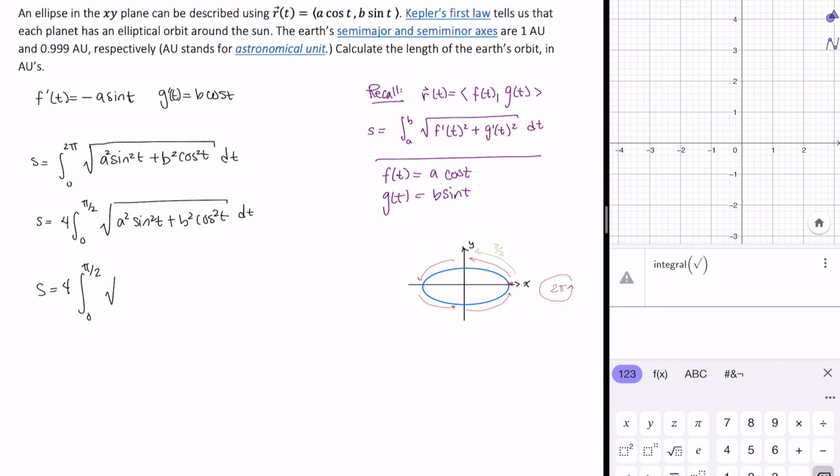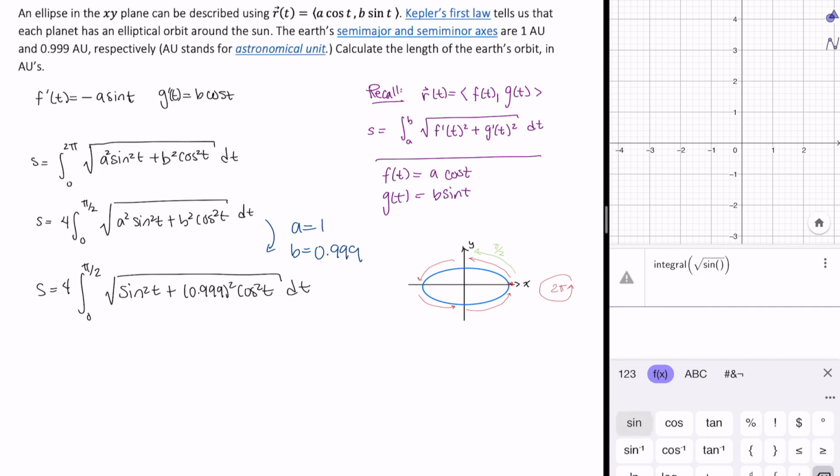I'm just going to arbitrarily pick a equal 1 and b equal 0.999. Well, 1 squared is just 1, so this is now sine squared t plus 0.999 squared cosine squared t. Let's make sure to extend our square root all the way out. I also really like having zeros before the decimal place, otherwise the dots look so small that sometimes they look like whole numbers.